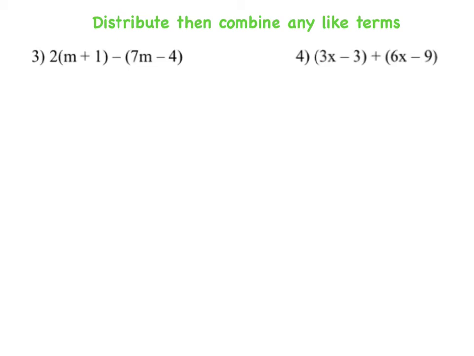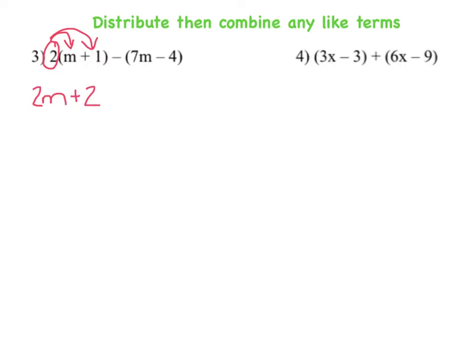Same idea, okay. Notice I see some distribution, but I also notice that I might have to combine some like terms on these two examples. So let's go ahead and work these out. First one, what I noticed about the first one is I have to distribute twice. So let's do it with the first number, which is 2. So 2 times m, 2m, 2 times 1, positive 2.